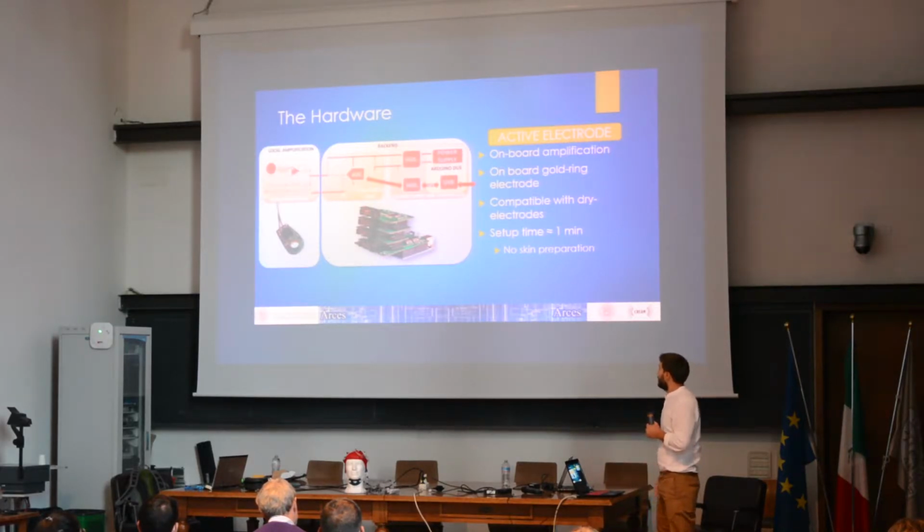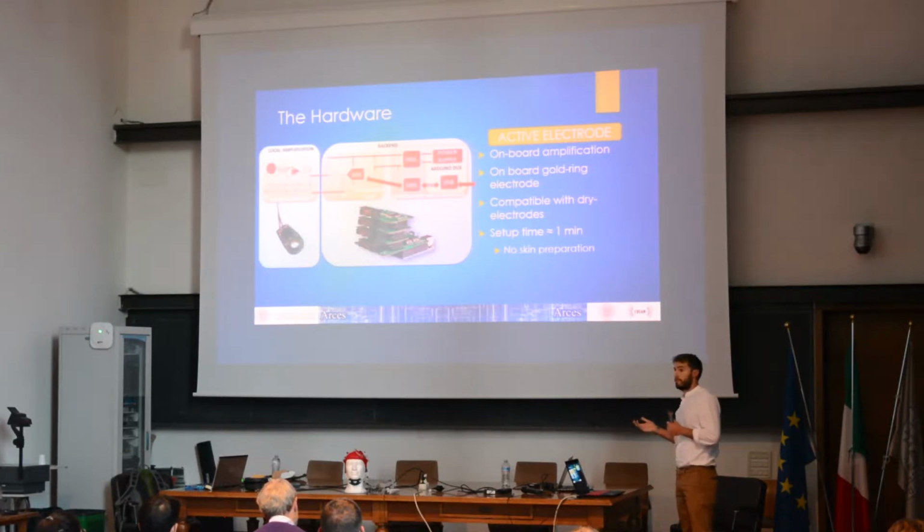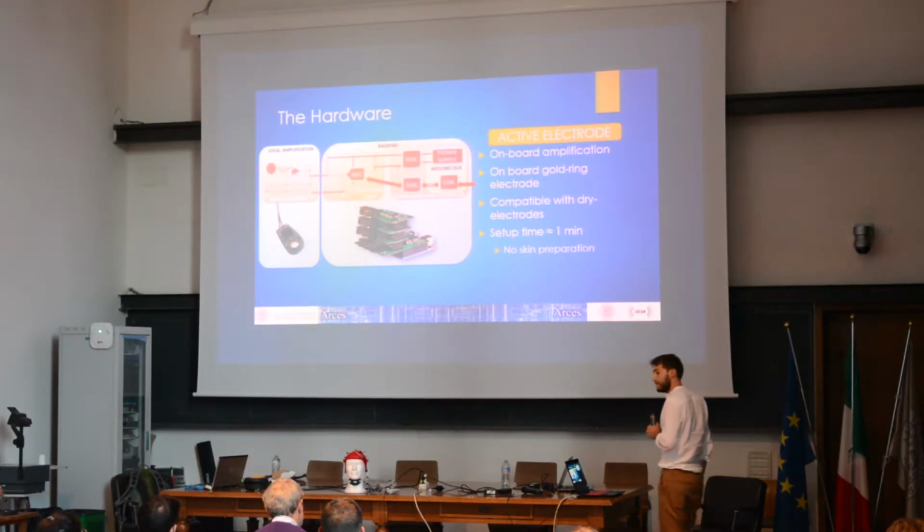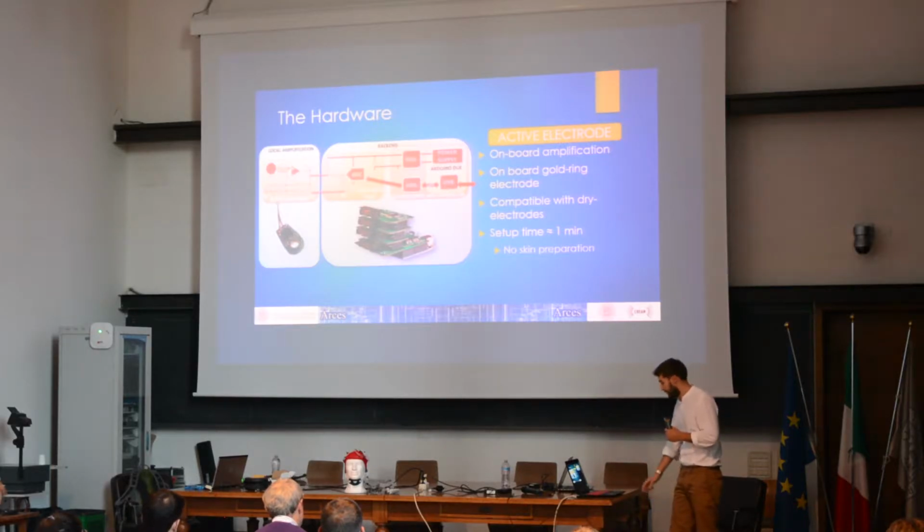But these electrodes are also compatible with dry electrodes, which means you don't need to put any conductive gel or anything like that. The advantage of active electrodes is that the setup time is very short, and you don't have to prepare the skin before putting on the cap.